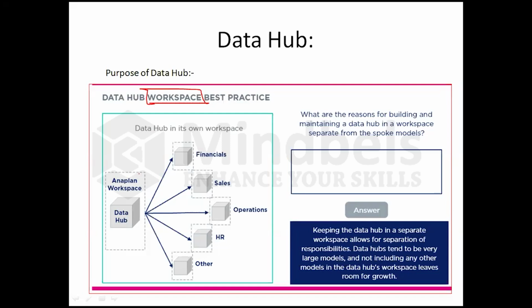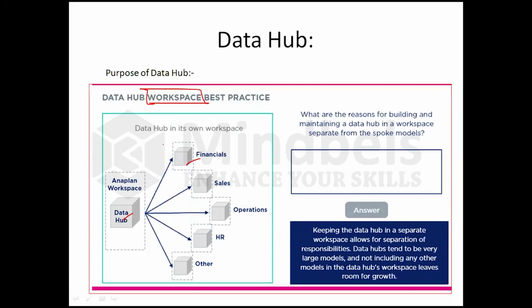Yes, correct. What they are saying is, you should have your workspaces separated for the data hub model and your spoke model. Your spoke model should be in a separate workspace, and your data hub model should be in a different workspace. That is the best practice they are saying. And why is it so?